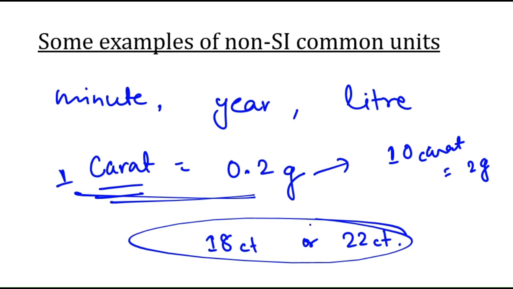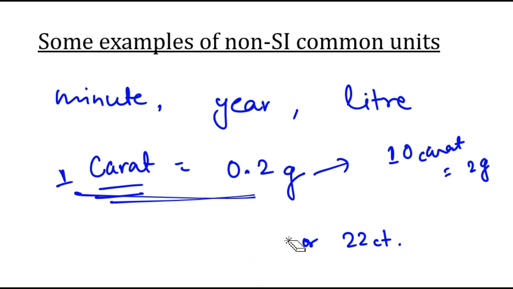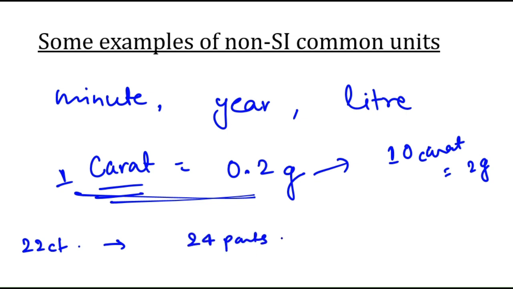But this carat for gold, for making gold jewelries, is different. This carat represents how much gold has been used to make that jewelry. Let's take an example to make it more clear so that there won't be any confusion between these two carats. If you are saying 22 carat gold jewelry, it means that out of 24 parts, 22 parts is gold, and the other two parts maybe silver or copper, or some other thing.